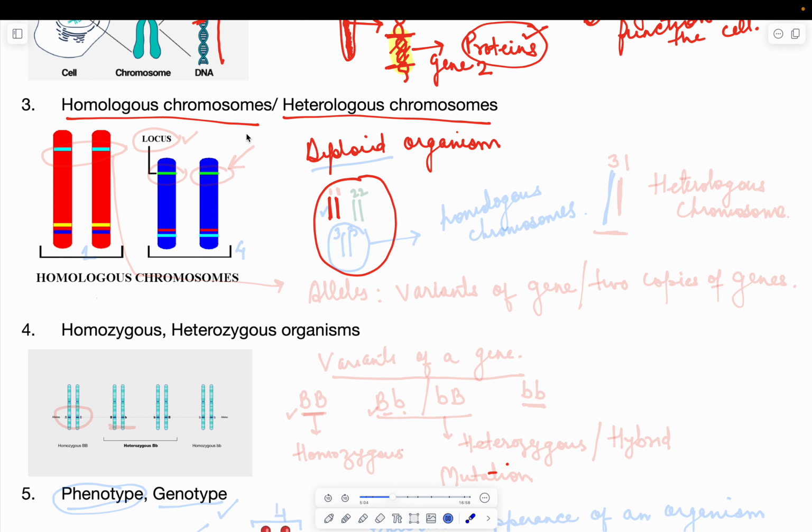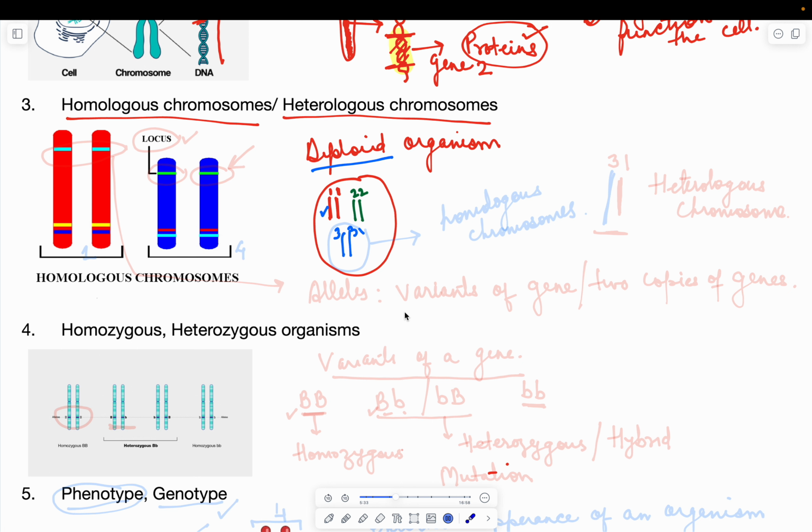Chromosomes are present in a set of two. So this is chromosome 1, this is also chromosome 1. I'll use another color now. If this is chromosome 2, you have two members of chromosome 2. If this is chromosome 3, you have two members of chromosome 3. Such organisms which have two sets of chromosomes are known as diploid organisms.